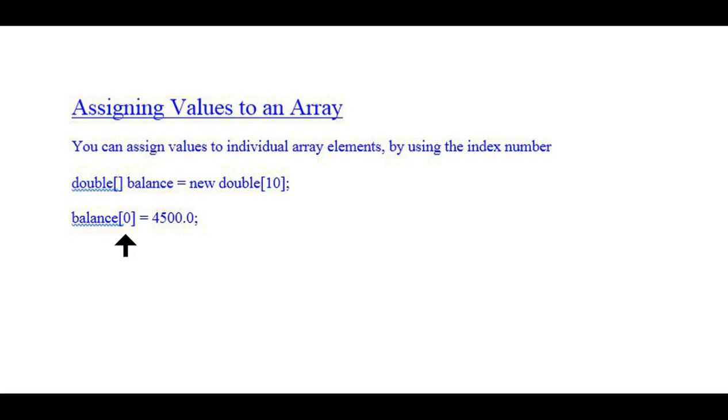So here we're saying that the very first element, which starts at index number 0, we are going to assign a value of 4500.0 to that very first element. So the first element in that array will contain this value, which is of type double.